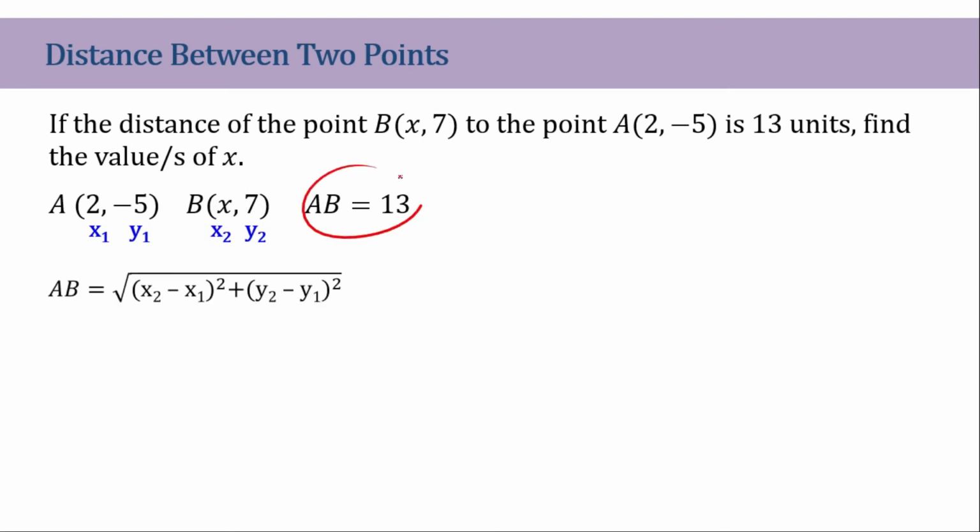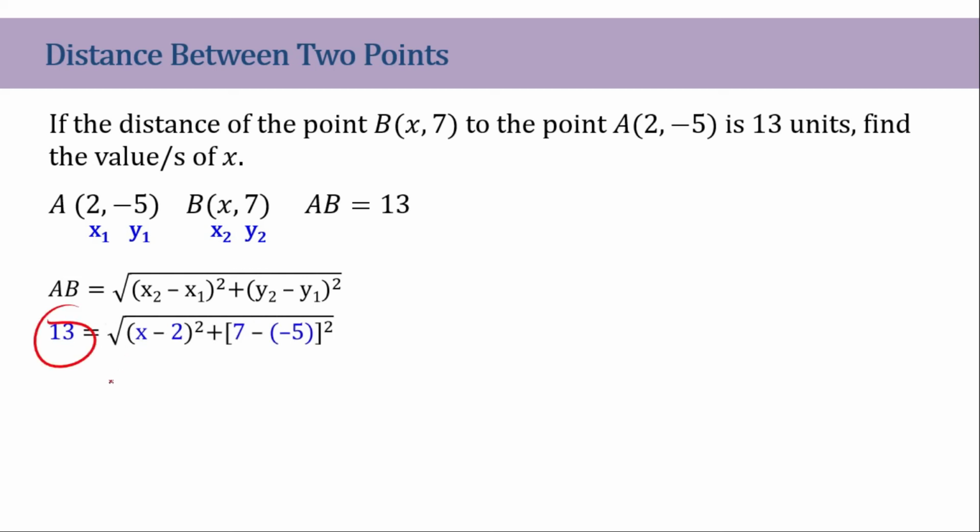AB is 13. And x sub 2 is x because we don't have a value for that. X sub 1 is 2. So x minus 2. Then 7 minus negative 5 is 12. Now we need to find the value of x.